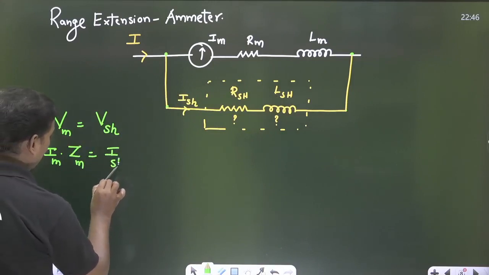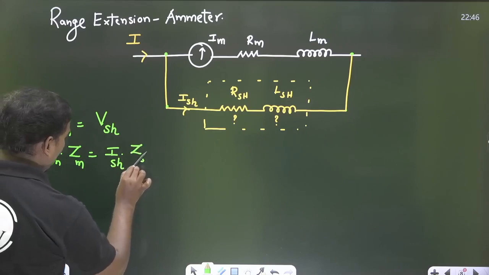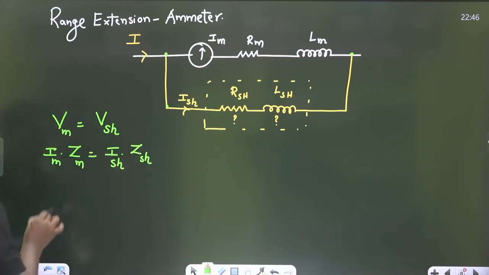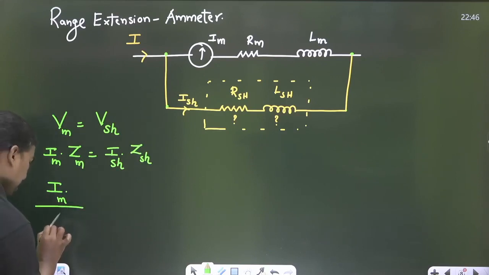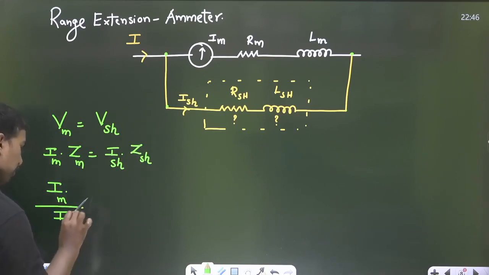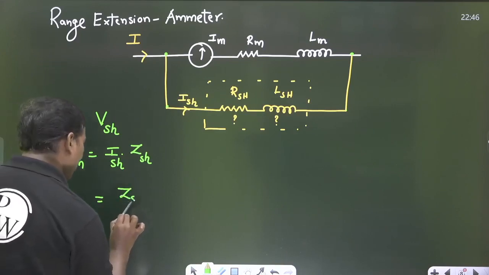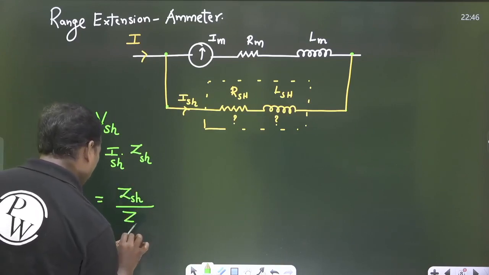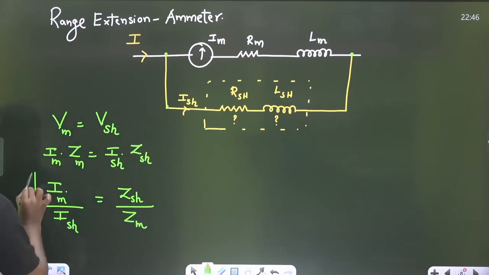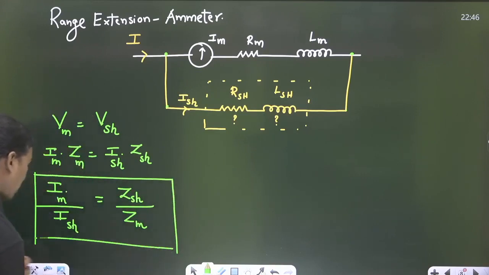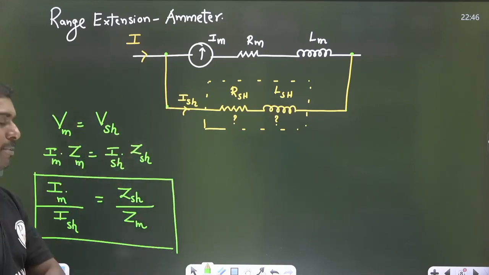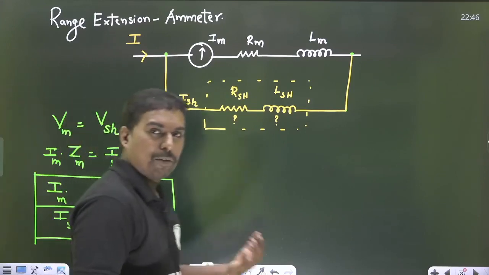This is ISH into ZSH. Okay, I will write like this: IM by ISH is equal to ZSH by ZM. This is the basic range extension as ammeter. Okay, so this can be further distributed.